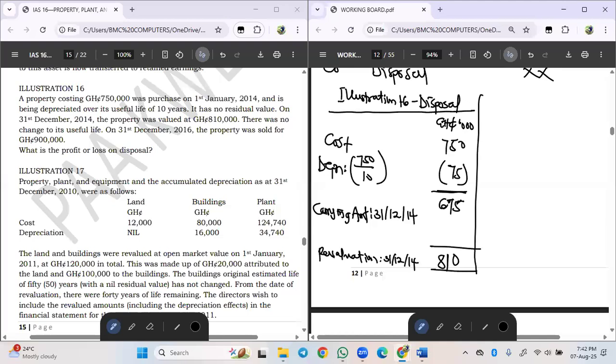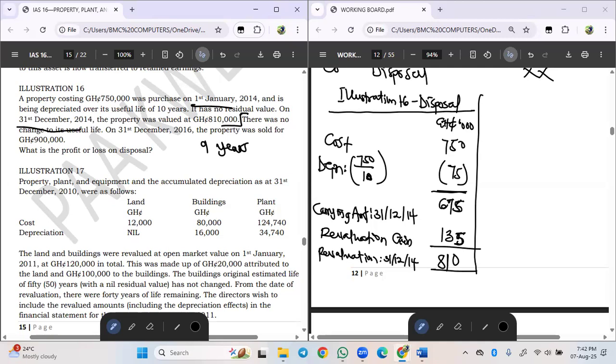So please, what is the revaluation difference here? 135. Yeah. So we are done with the first part. Now there was no change to its useful life. So the useful life is 10 years; from 1st January to 31st December we've consumed 1, so it's left with 9 years.